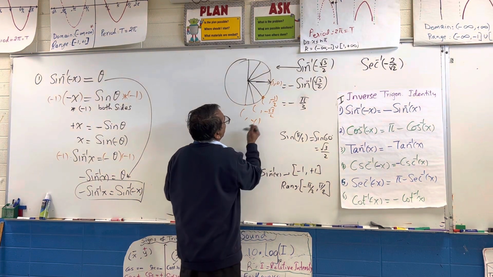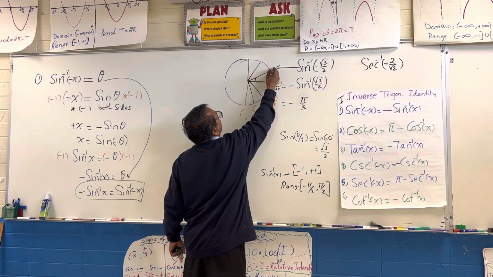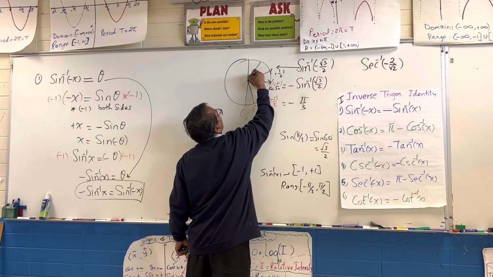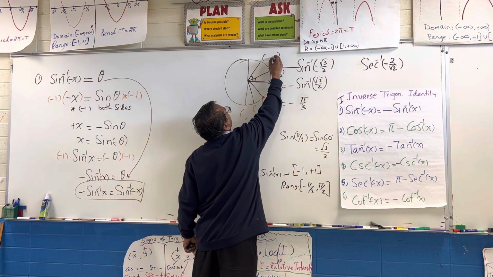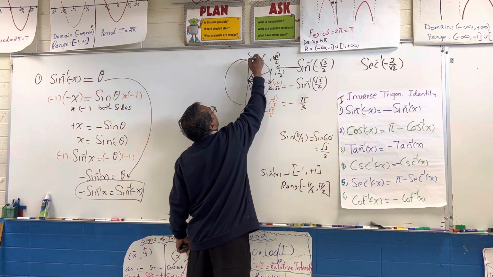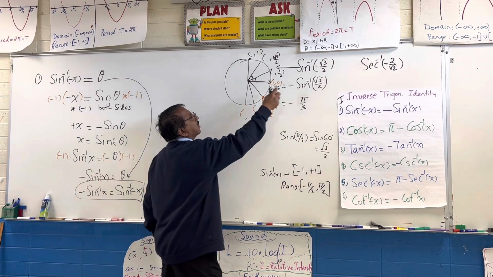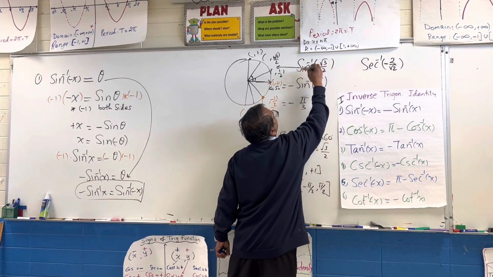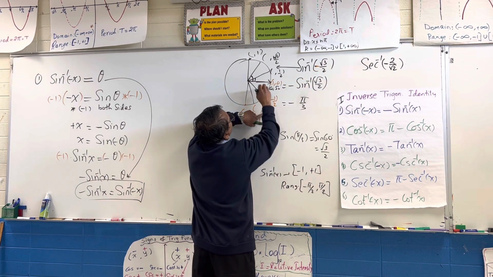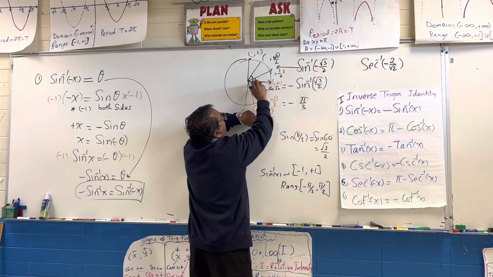The first coordinate is always cosine and the second is sine, so it's sine 30, the y coordinate is half here, and if this is 60, then it is root 3 by 2, and this one is 1. So instead of thinking too much, for inverse sine of minus root 3 by 2, you check this angle, which is minus pi by 3, because it's clockwise.